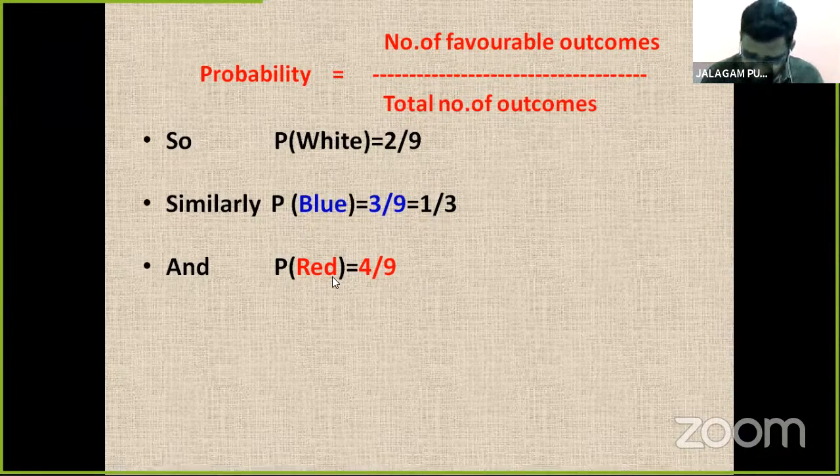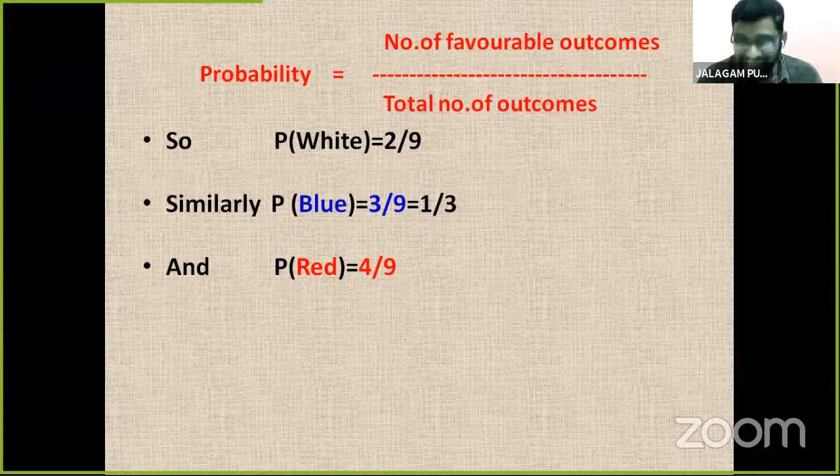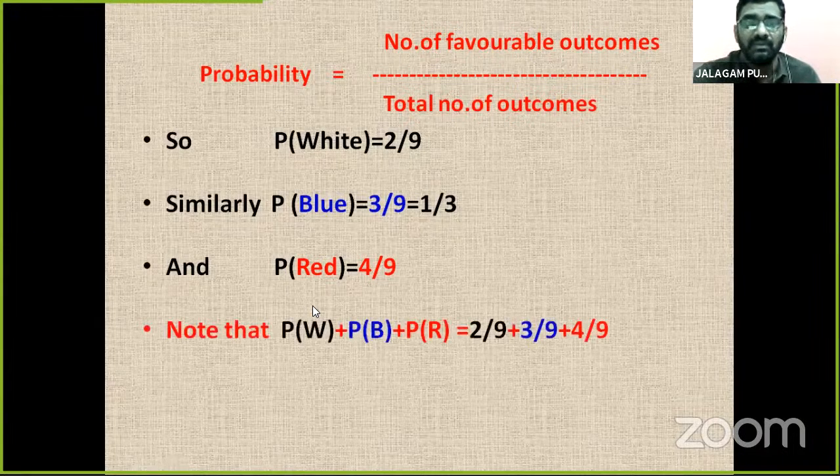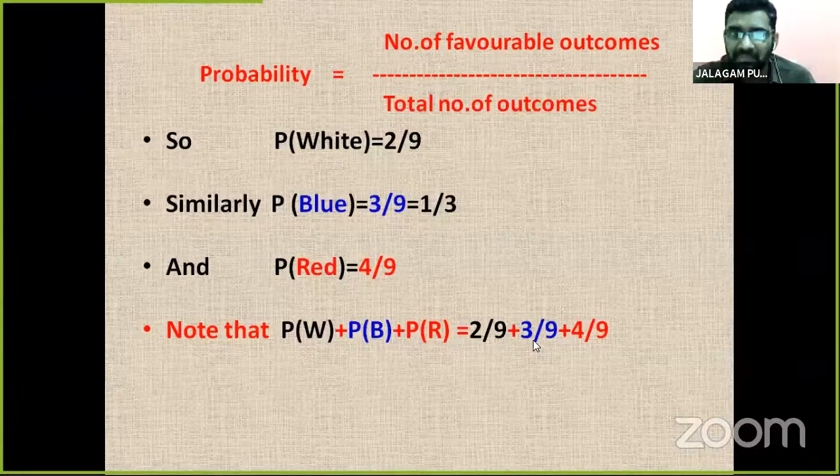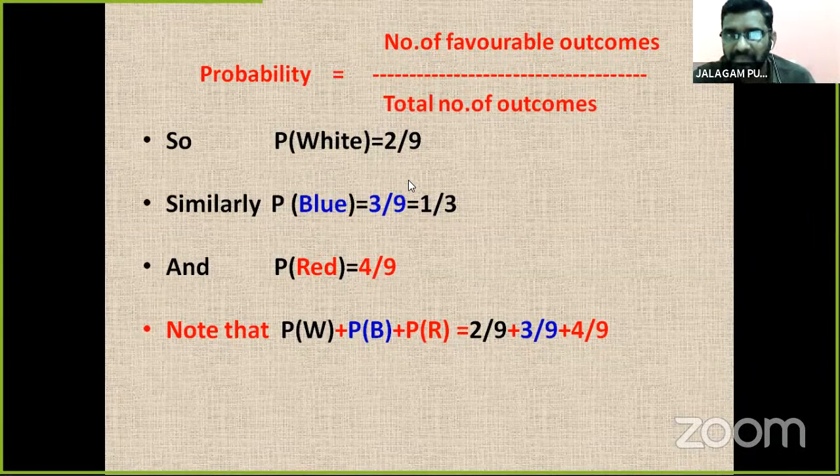So here we note one thing: P of W plus P of blue plus P of red equals probability of white 2 by 9, probability of blue 3 by 9, probability of red 4 by 9.